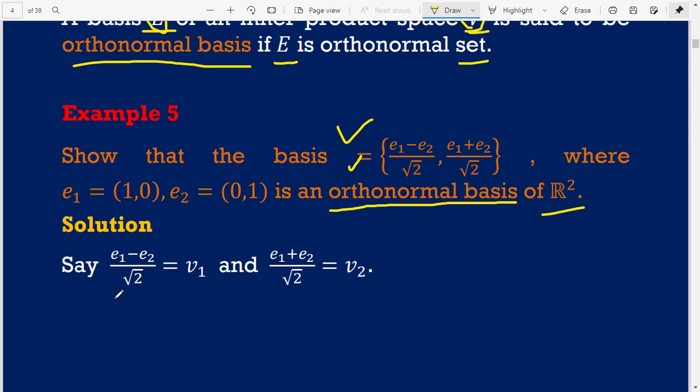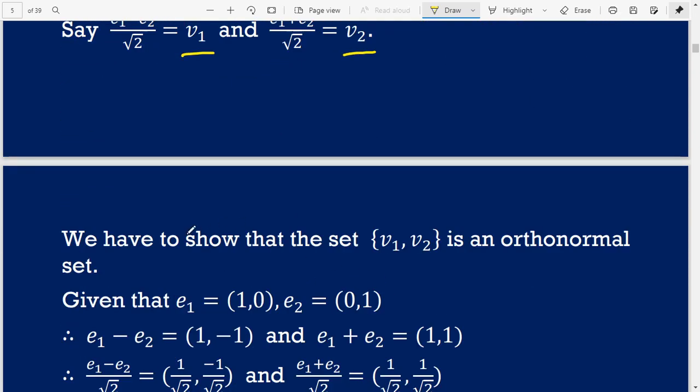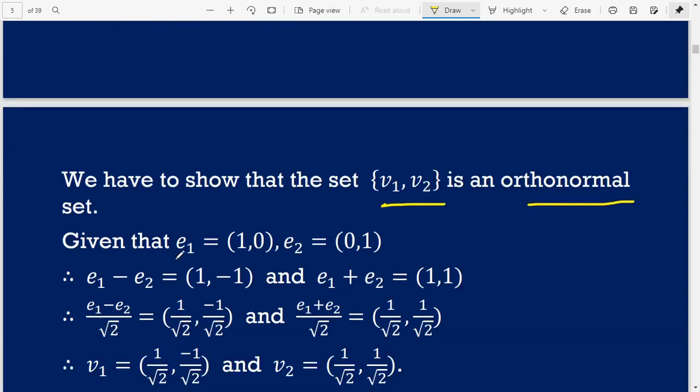Solution. We say (E1 minus E2) upon under root 2 is equal to V1 and (E1 plus E2) upon under root 2 is equal to V2. So now we have to show that V1 and V2 form an orthonormal set. The given E1 is equal to (1, 0), E2 is equal to (0, 1).